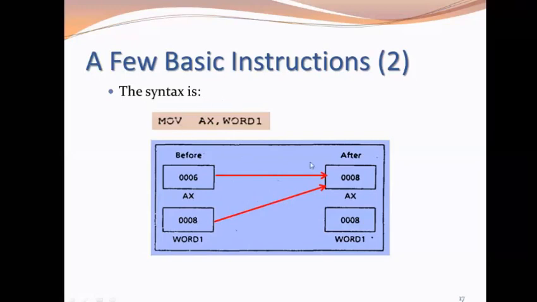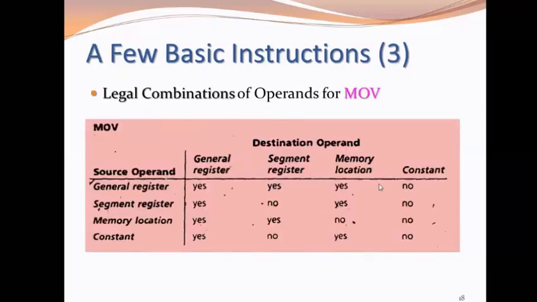After executing, the value of the source goes inside the destination, because AX is the destination register. So now the new value for AX is 008. That's what we are learning. Now we are going to have a look.